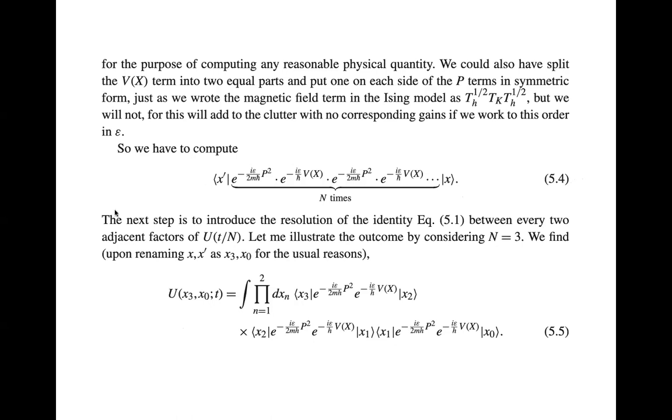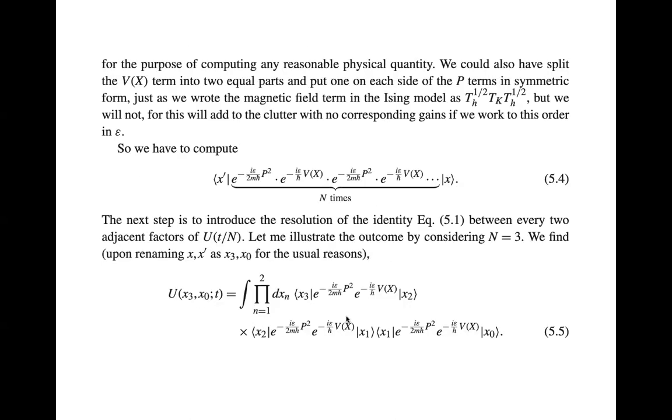So we have to compute this object. To compute this whole thing, we only need to evaluate one or two pieces of it. Here we try to evaluate 3 pieces, but the 3 matrix elements are of a similar structure, so if we understand one of them, the remaining ones are clear.